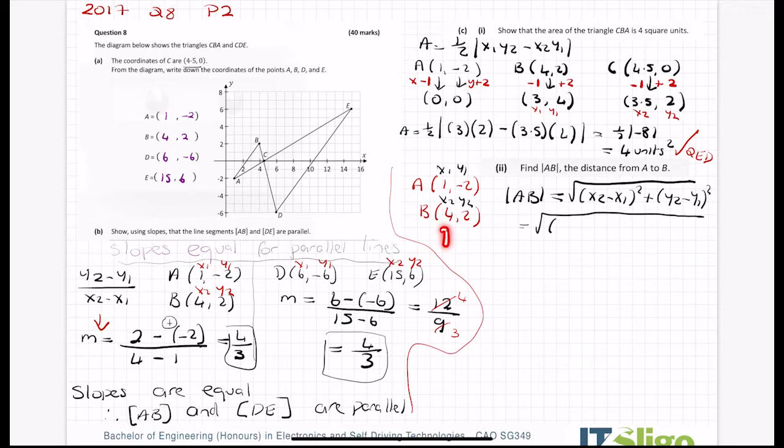Okay, so x2 minus x1 to be squared plus y2 minus y1, and watch, there's a minus there coming up.